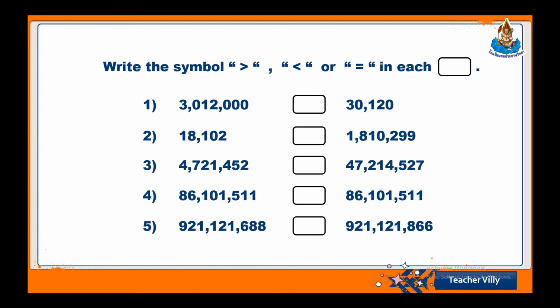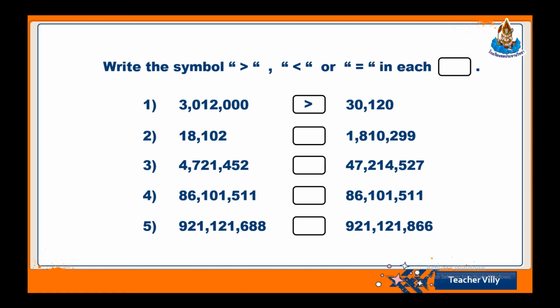Alright, time's up. So let's check your answer. Ready? Number 1. 3,012,000 is greater than 30,120. Very good.